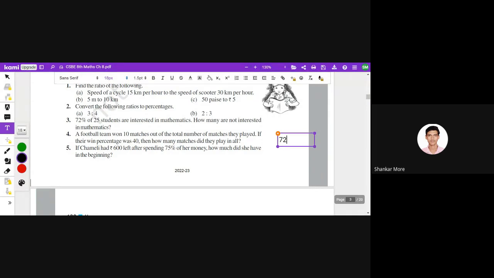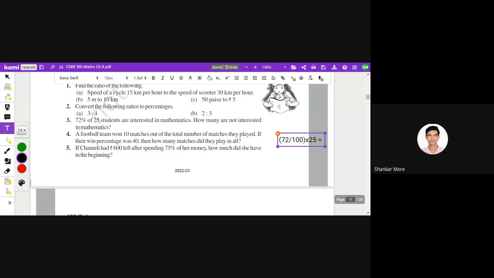How will we write 72%? 72% of, I will put it in brackets, 72% of 25 is equal to how much, students? Any idea? 72% of 25, pretty easy.